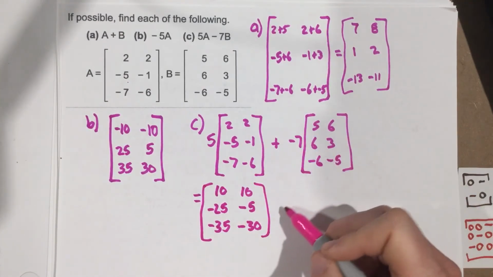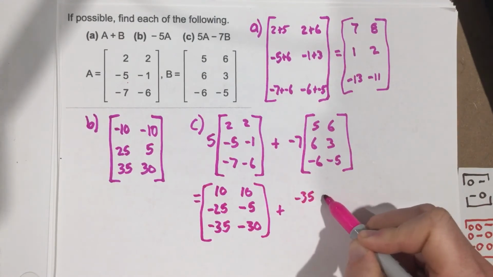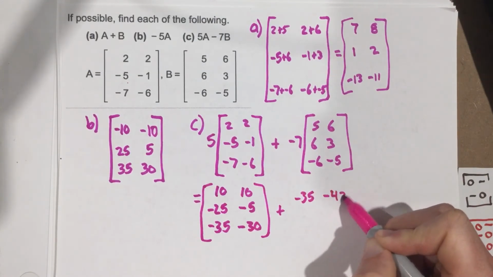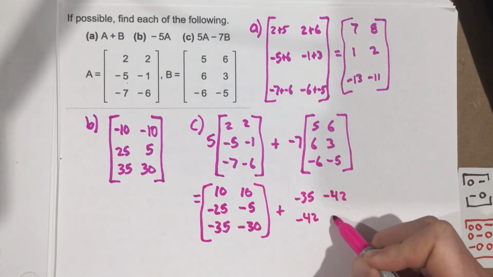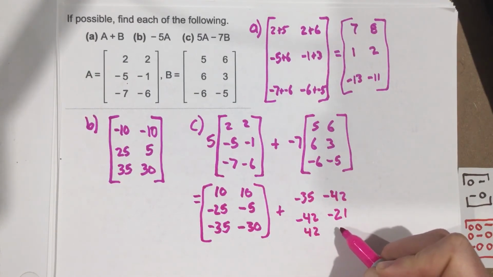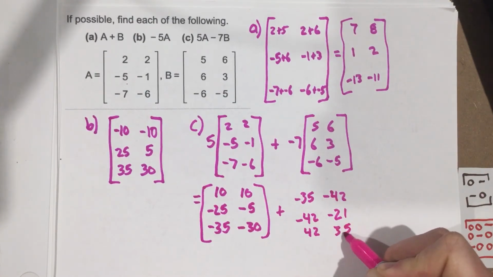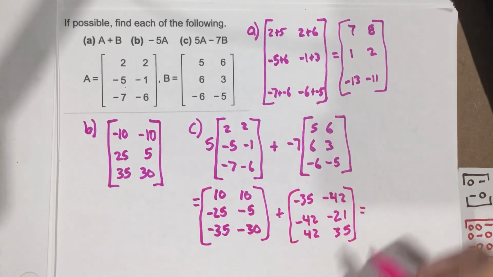And this will give you plus, and then this will be negative 35, negative 42, negative 42, negative 21, positive 42, positive 35. And now let's add those together.